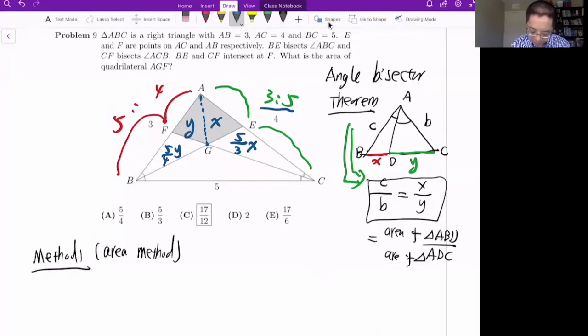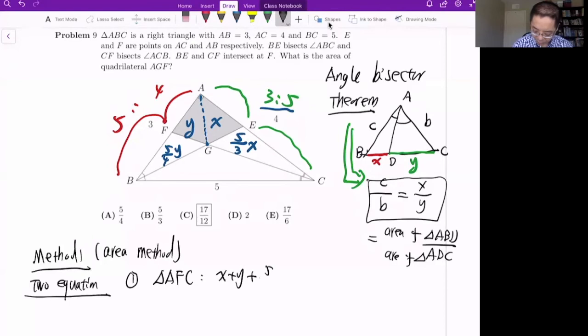Now we are going to set up two equations. For equation 1, look at triangle AFC: X plus Y plus 3 over 5 X equals the area of AFC. The area of AFC is the total area, which is 6, times the ratio 4 over 9, which gives 8 over 3.